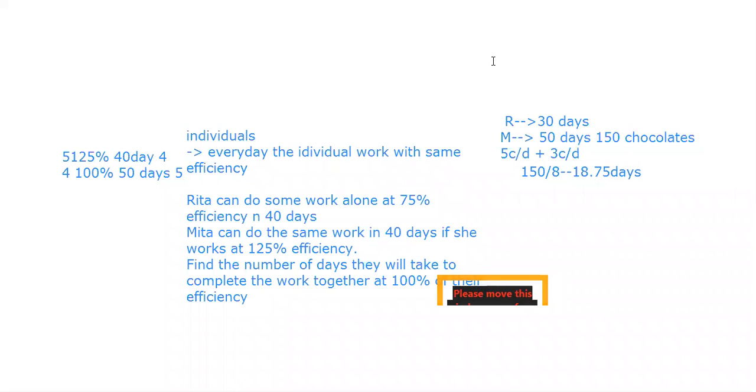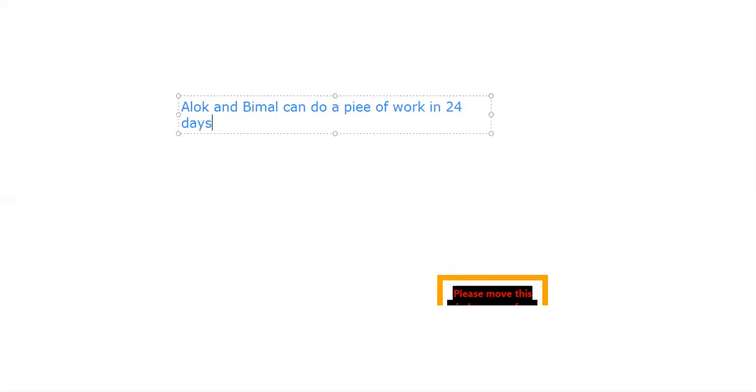Yes, sir. So now try solving this. From now on, it will be a little bit moderate to tough. Okay. So now Alok and Bimal together can do a piece of work in 24 days.